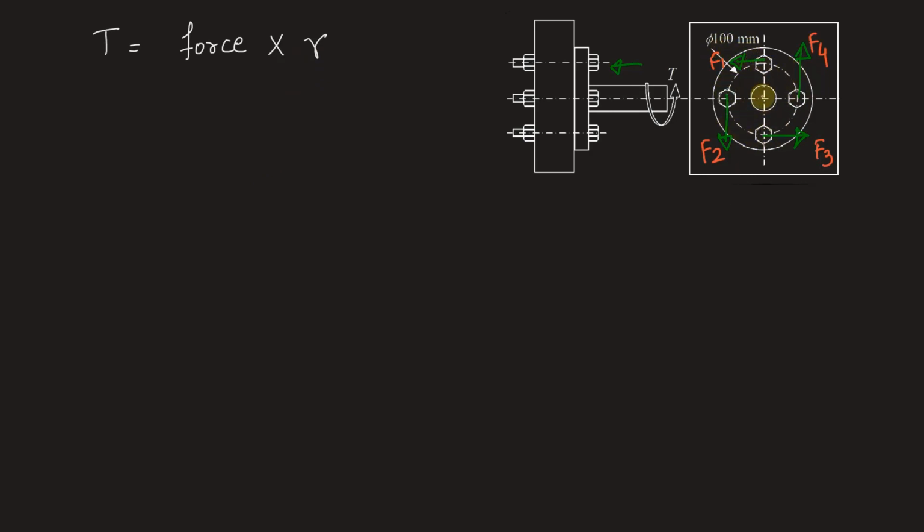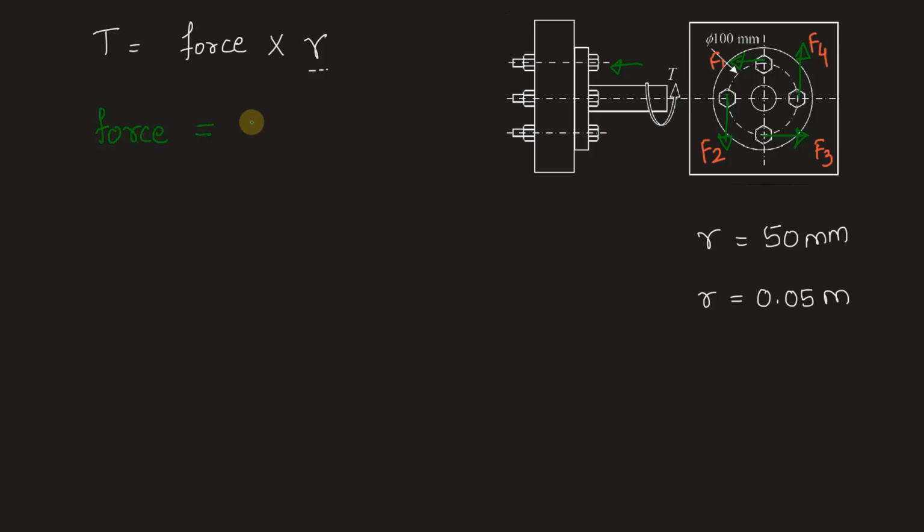That means its radius will be 50 mm, and that is nothing but the radial arm or the radial distance R. We have radial distance to be 50 mm. And because the torque value is given in Newton meter, we'll convert this into meter. R is 0.05 meters.